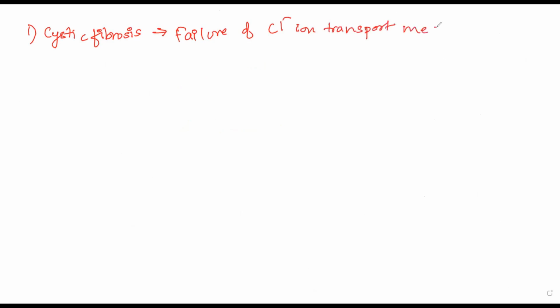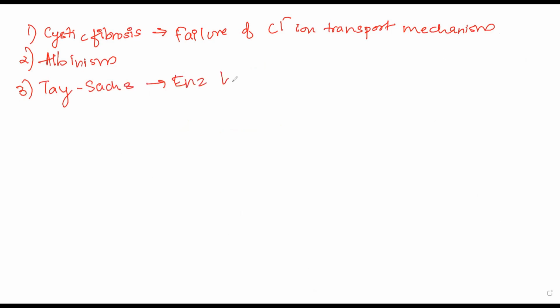These are important diseases. Next one is albinism. Everybody must be aware of this. Next one, Tay-Sachs disease. It is a neurodegenerative disease wherein the enzyme hexosaminidase A is affected. It is basically a defective form of this enzyme.